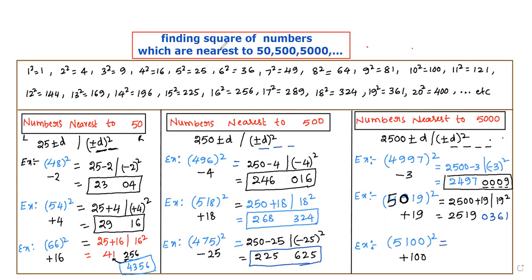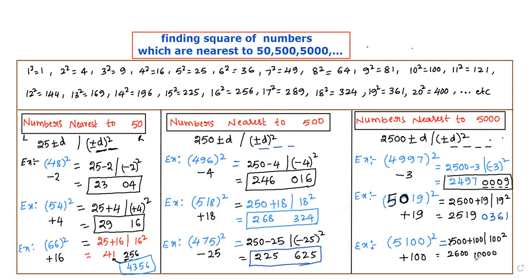Come to the third question here. This is very important now. I am adding the deviation to 2500 and squaring the deviation. Then I get 2600, and the square of 100 is 10,000.